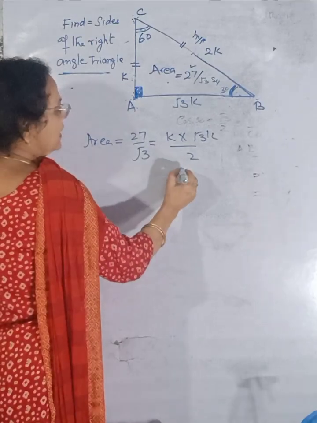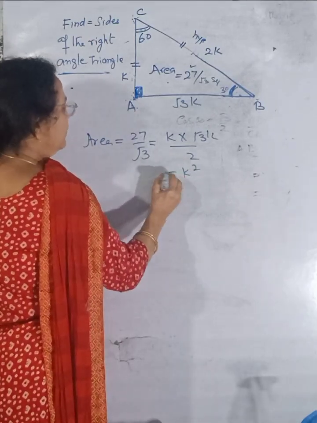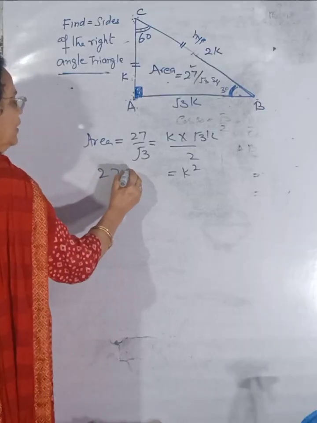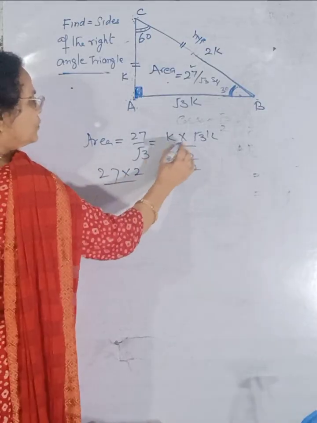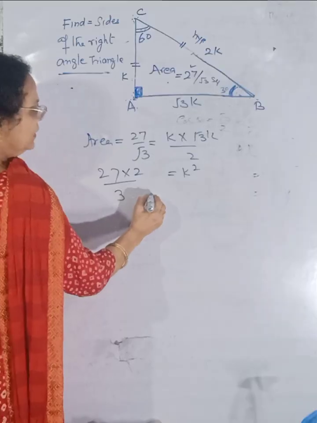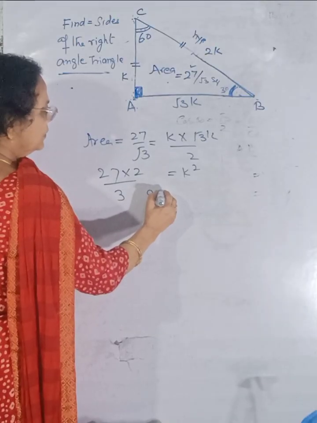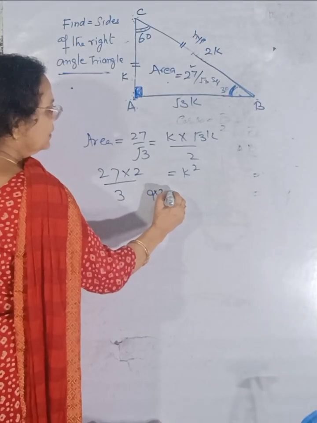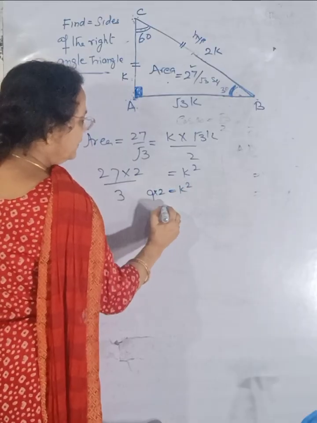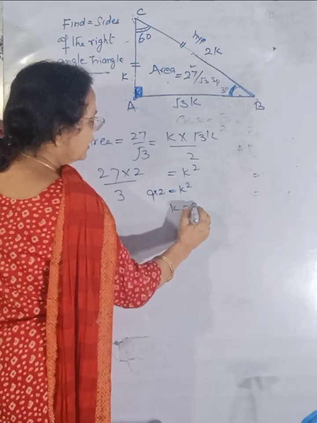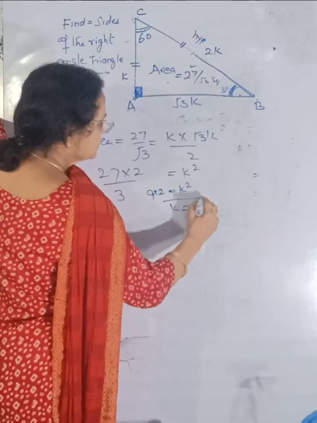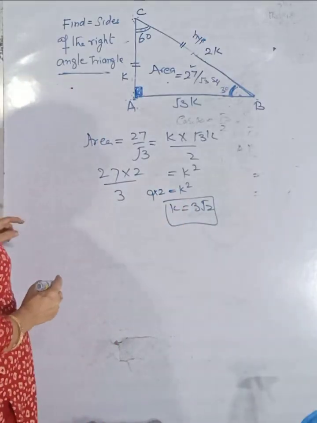Then k square will be equal to 27 into 2 upon root 3 root 3, that is 9 into 2, equal to k square. It means k will be equal to 3 root 2.